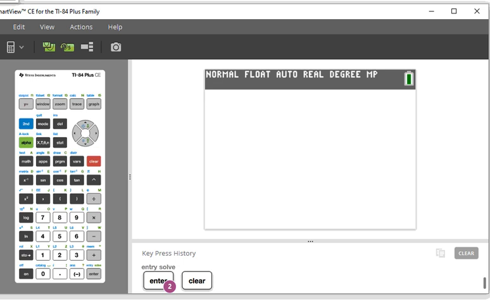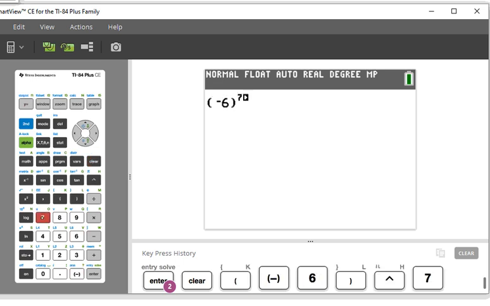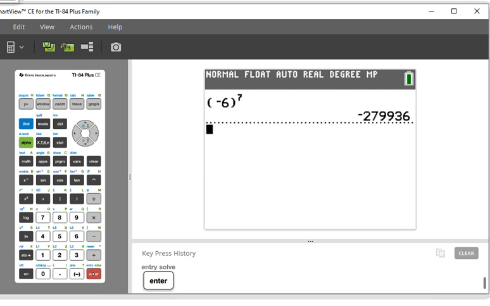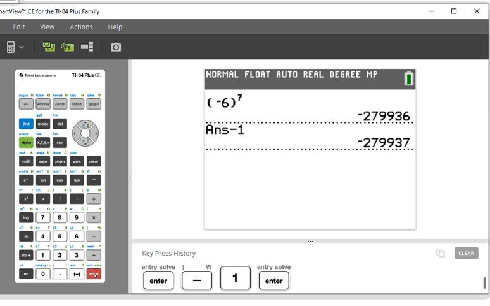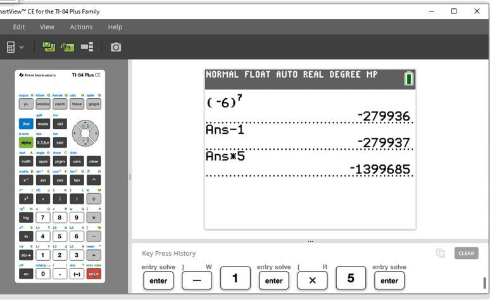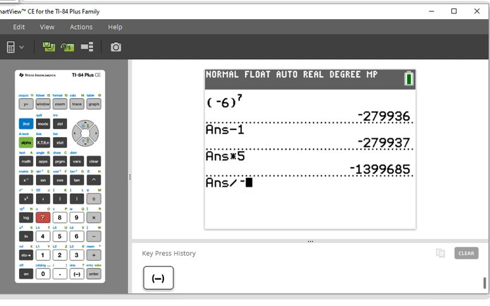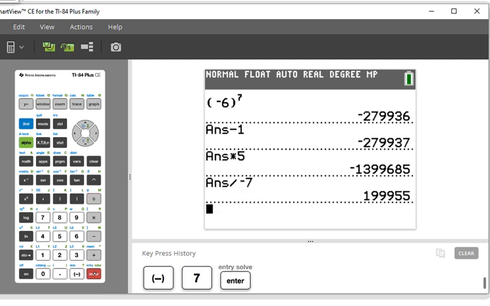So it tells me bracket negative 6 exponent 7. That's our first calculation. I hit enter. My second calculation was to subtract 1. Hit enter. My next calculation was to multiply by 5. Hit enter. And I finish by dividing by negative 7. So if I identify each step that I need, I can get to a final value.